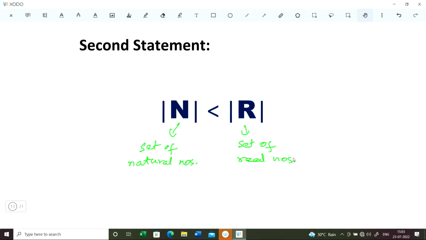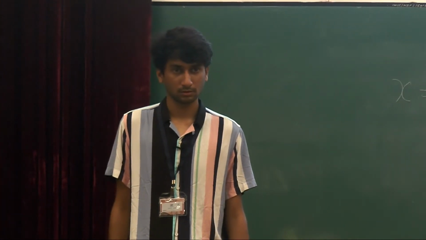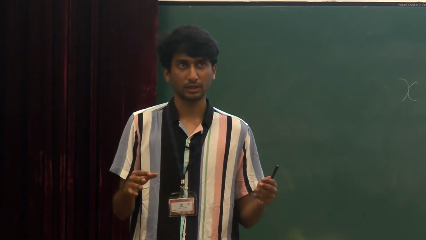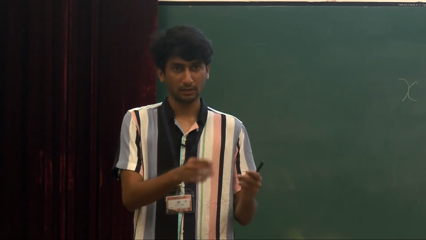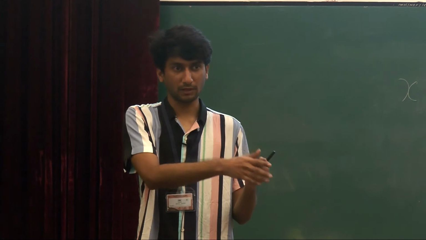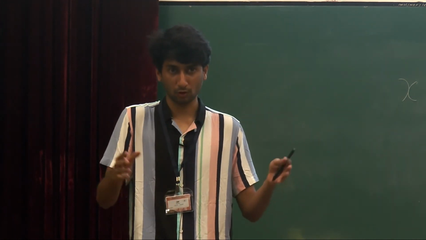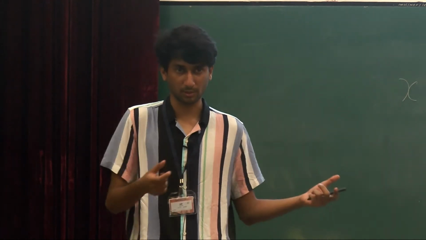Anyone? Yes? Okay, so what I understand from your statement is that real numbers have some extra elements, like it contains all the natural numbers and it has some extra elements also, right?